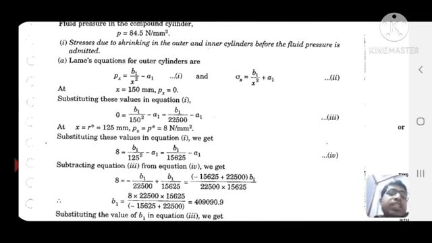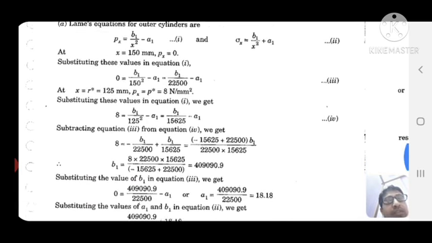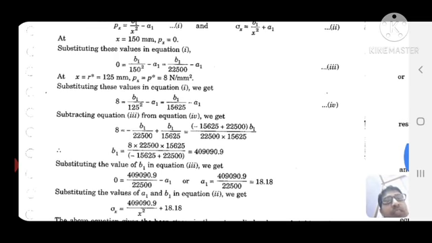Stress due to shrinking in the outer and inner cylinder before the fluid pressure is admitted. Lame's equations for the outer cylinder are Px equal to B1 by x square minus A1, and sigma x equal to B1 by x square plus A1. So at x equal to 150 millimeter and Px equal to 0, substituting these values in the equation, 0 equal to B1 by 150 square minus A1, B1 by 22500 minus A1.